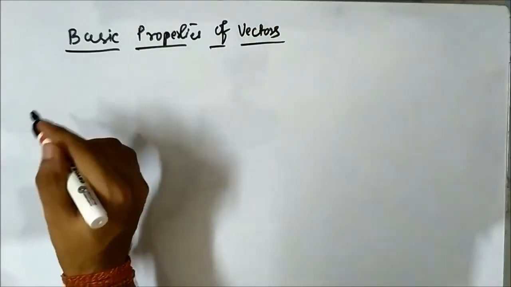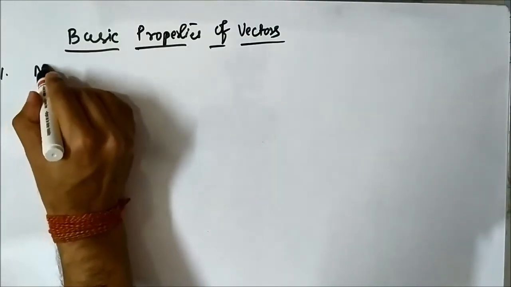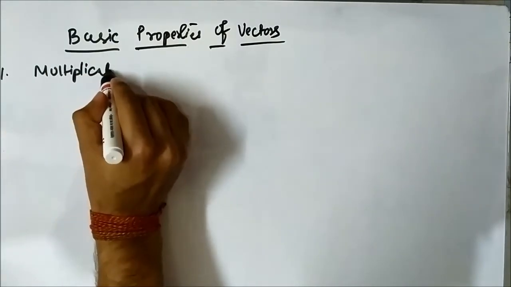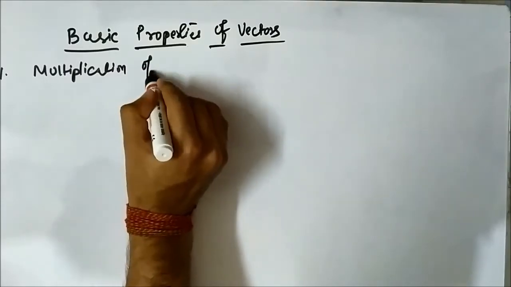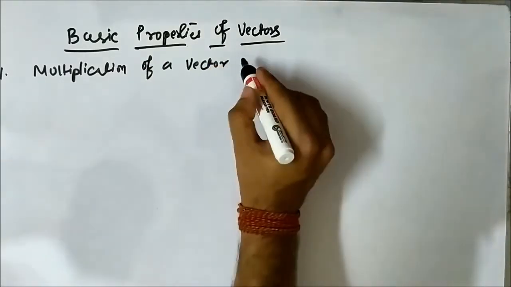So the first one is multiplication of a vector by a real number.